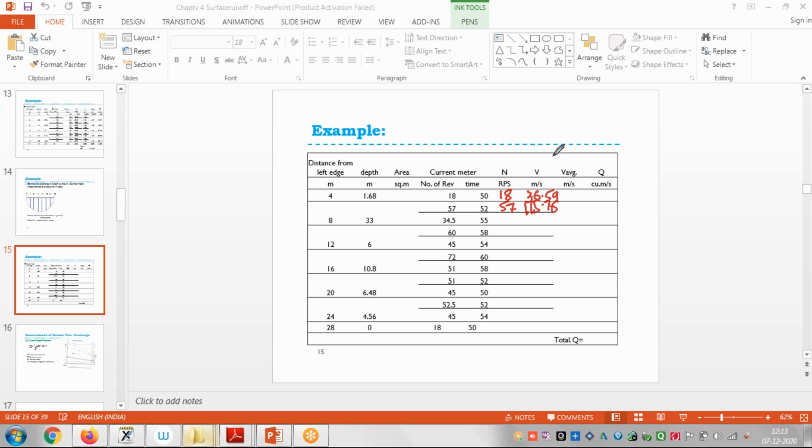And velocity was how much? 41? Okay, it was 41.